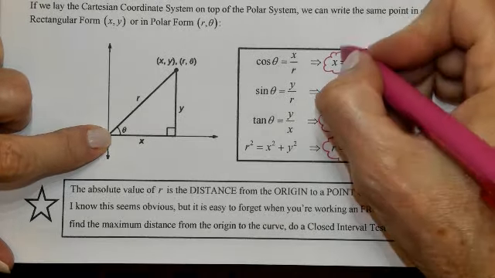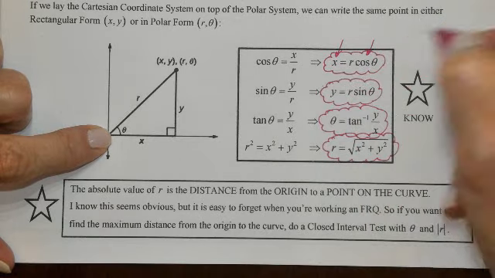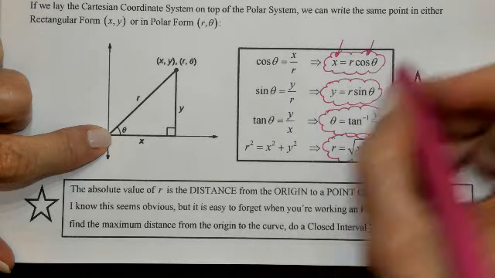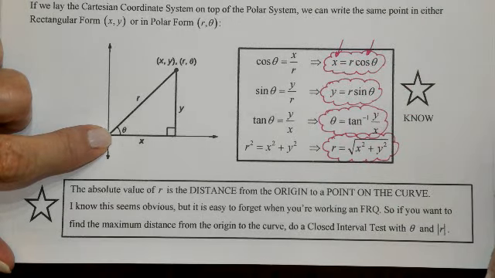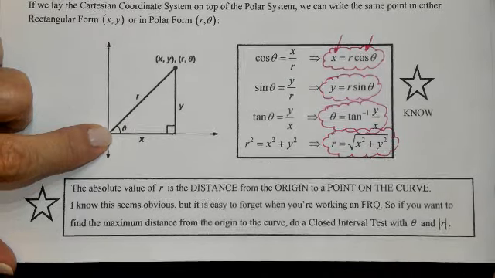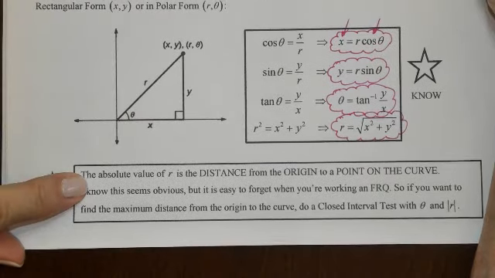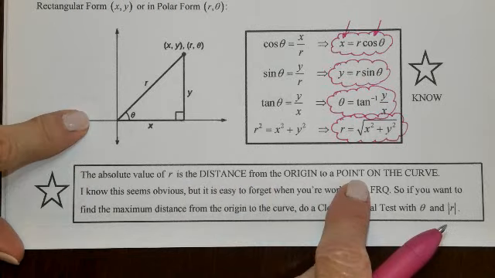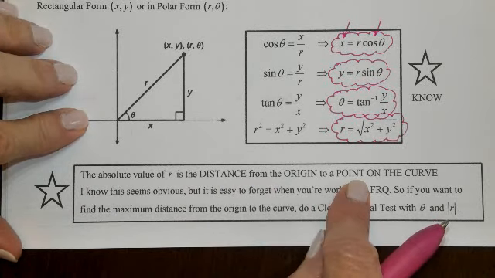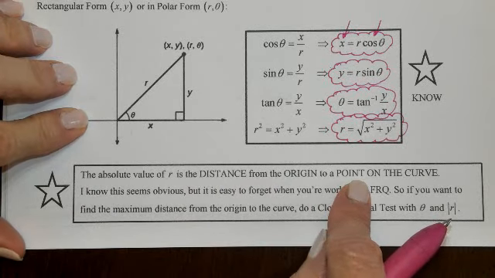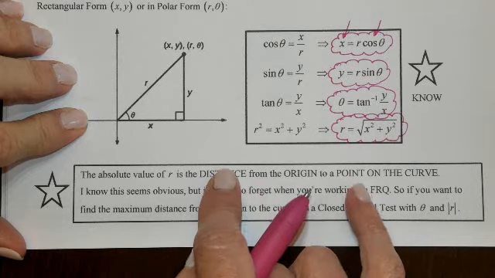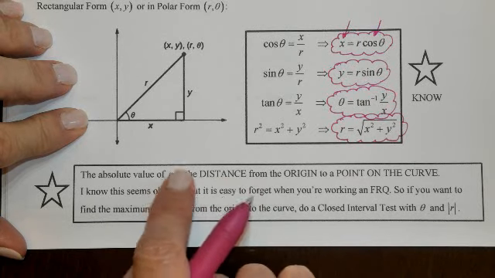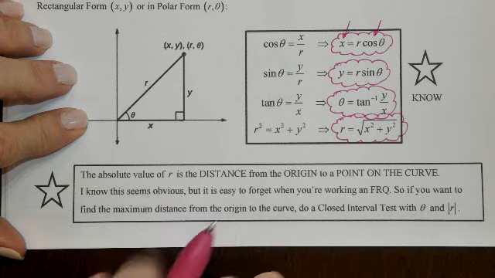Okay? X has cosine. Y has sine. Now, the absolute value of r is the distance from the origin to a point. Because remember, r can be negative. So if you want the distance from the origin to a point, it'll be the absolute value of r.